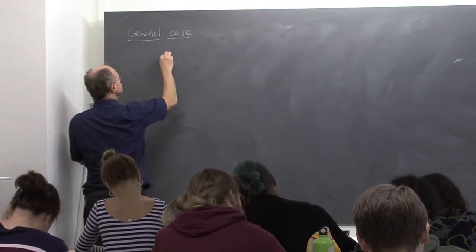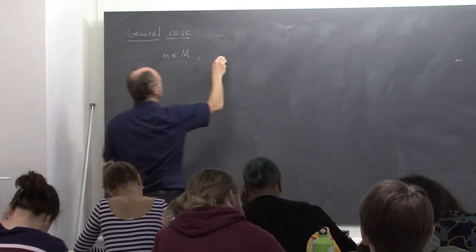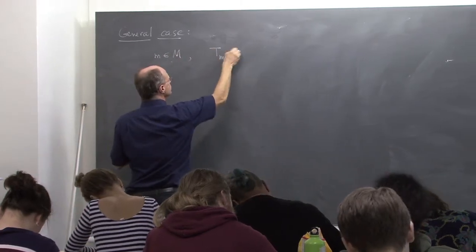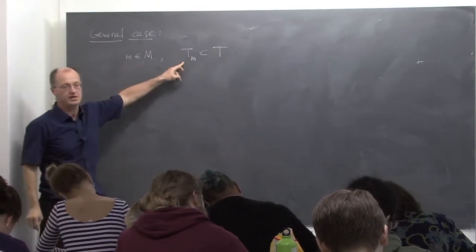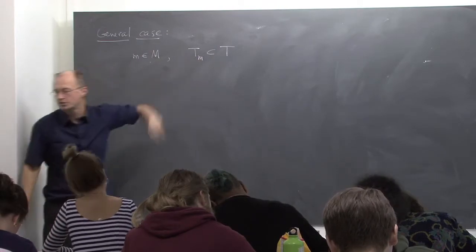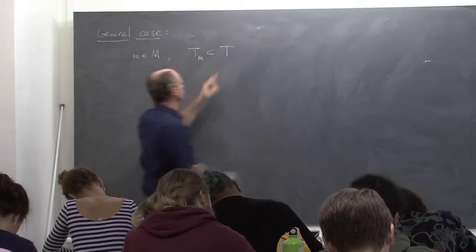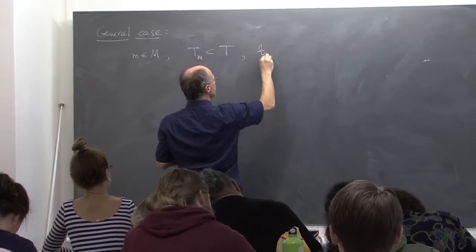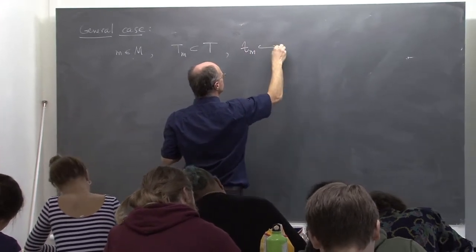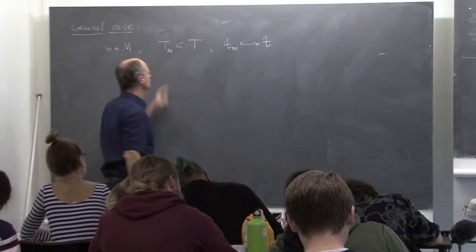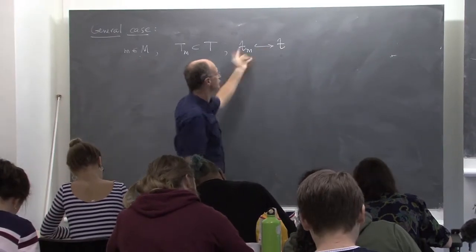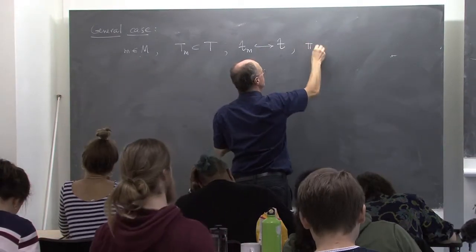Well, so we have M and M, and we have a stabilizer subgroup, which is in principle smaller than T. So we have its Lie algebra, which injects into the Lie algebra of T. And as a dual map, let me denote it by pi.